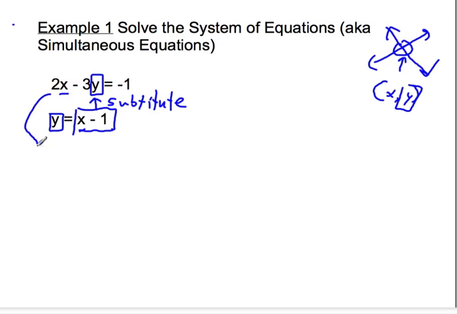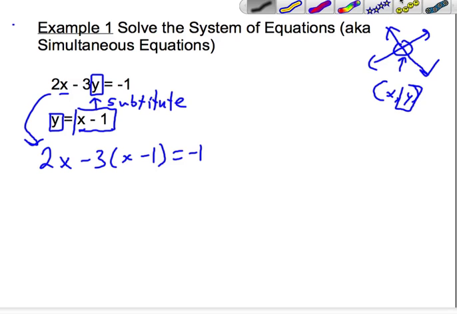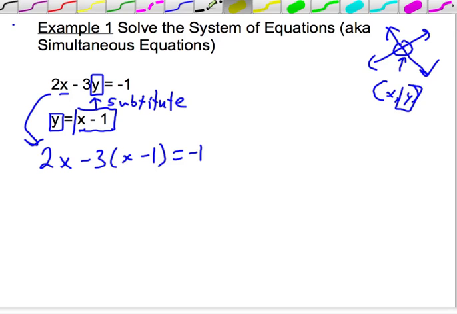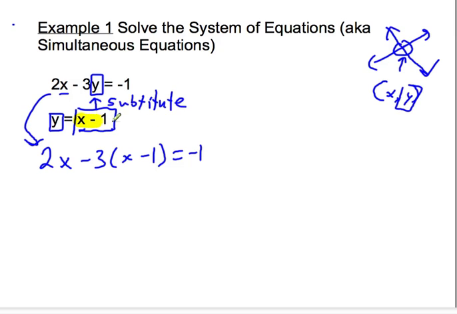So your first equation is going to become 2x minus 3, and now instead of y, we're going to have what y is equal to, which is x minus 1. That equals negative 1. So it's exactly the same as the original equation, except we substitute in the value for y.